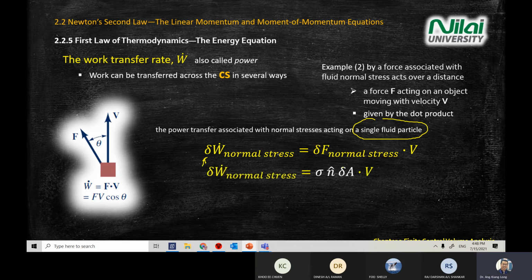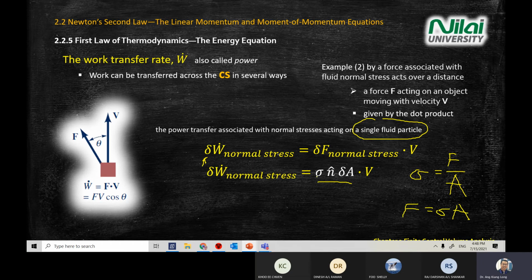So you can further expand, because normally force is not that direct. How do you get force from stress? Again, you recall the stress equation: stress equals force divided by area. You want to write it in the stress dimension, so force will equal stress times area.